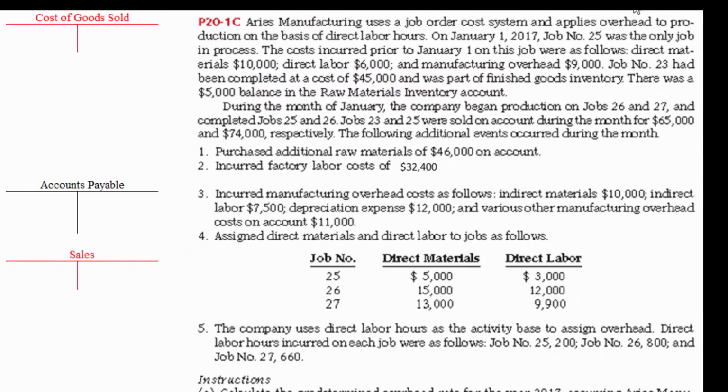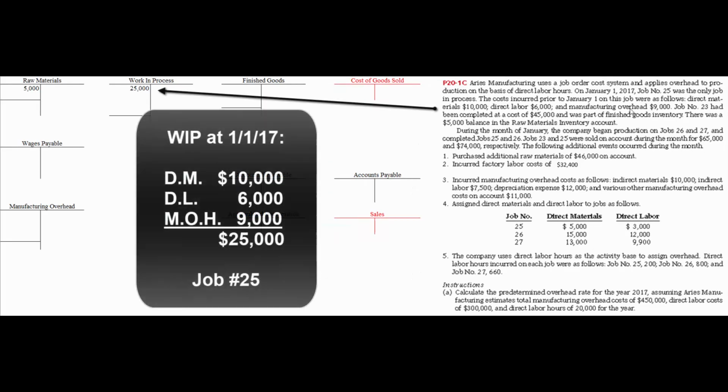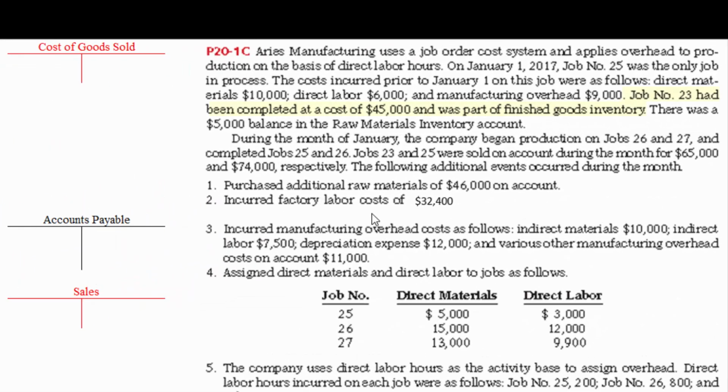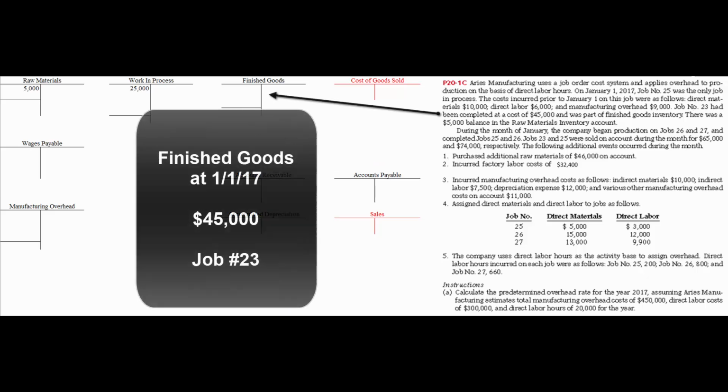It also tells us that on January 1st we had job number 25 in process. So we're working on that job, and it has materials of $10,000, labor of $6,000, and overhead of $9,000 has been applied. So that means that our beginning work in process is $25,000. It also tells us that job 23 had previously been completed at a cost of $45,000. So that's sitting in finished goods waiting to be sold.